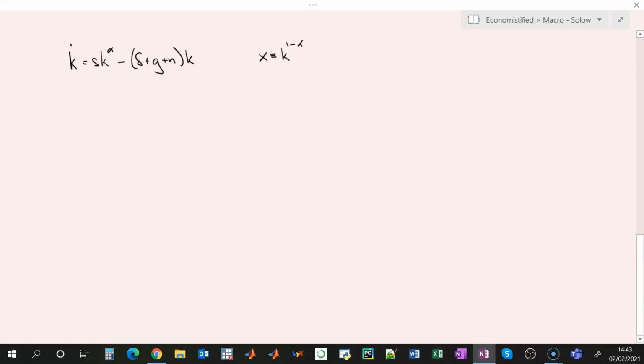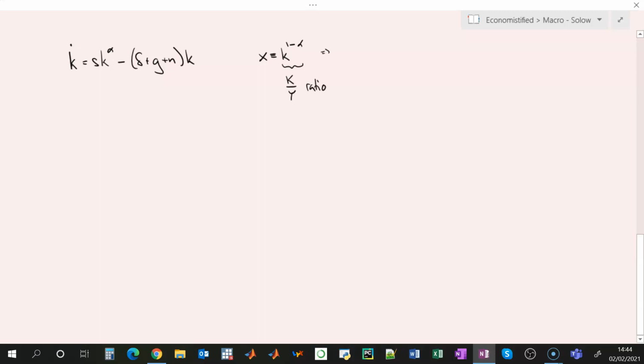As I say, this is a general tool to solve Bernoulli differential equations. But in the case of the Solow model, this actually has an economic interpretation because, of course, this is the capital output ratio. And we're going to see that the Solow model, although it is defined by an equation of this form in terms of k, in terms of x, it's actually a linear equation. And we can solve that very easily.